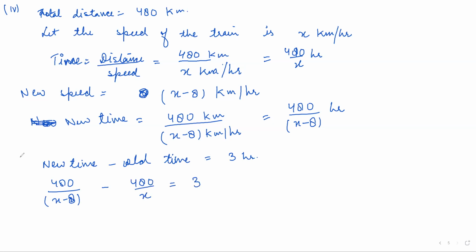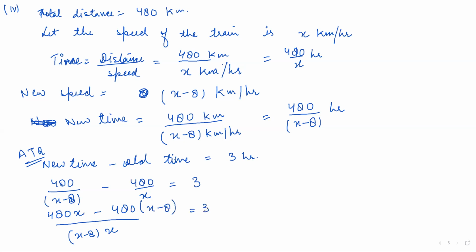So that is, according to the question, what we can write. Now you can simplify with simple calculation. Since we have fractions, we have to take the LCM, that's it. So x minus 8 into x. That becomes 480x minus 480 into x minus 8 is equal to 3, right? Let us solve it here.